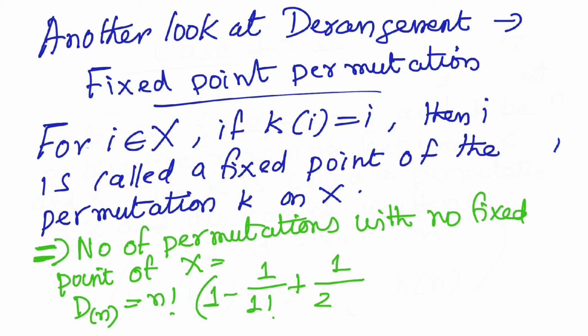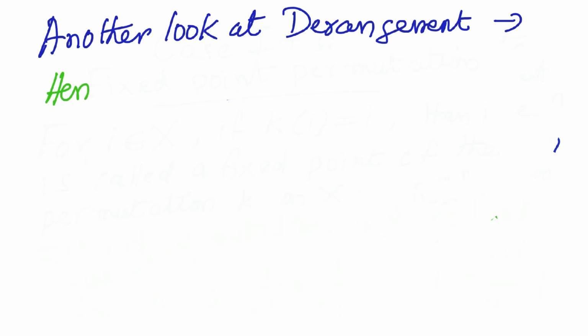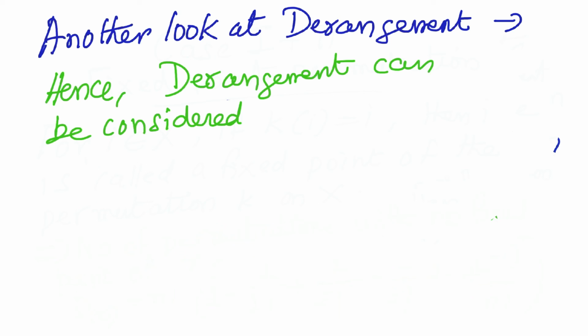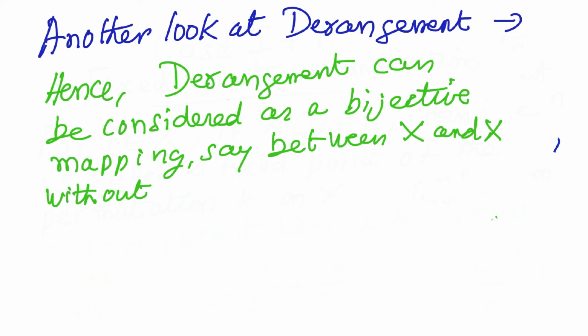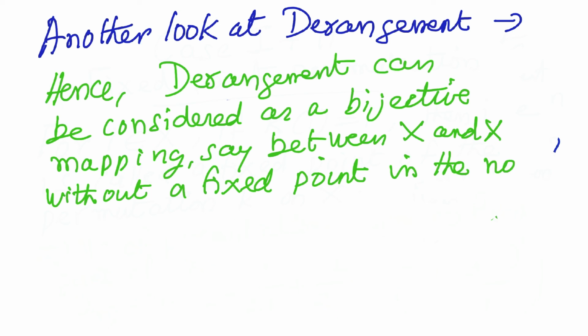So that's very interesting. So the number of permutations with no fixed point would actually be the derangement value. So as a corollary, we can consider derangement as a bijective mapping between X and X without a fixed point in the number of permutations on X.